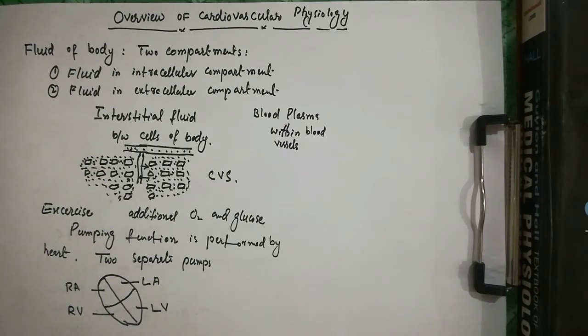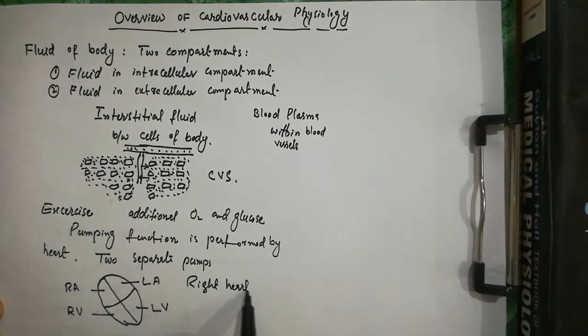The right heart pumps the blood through the lungs, and the left heart pumps blood through the systemic circulation.